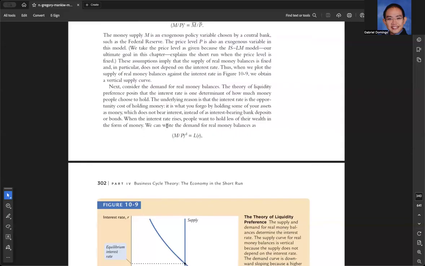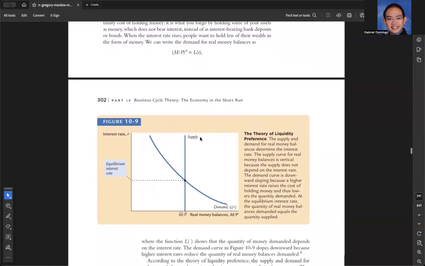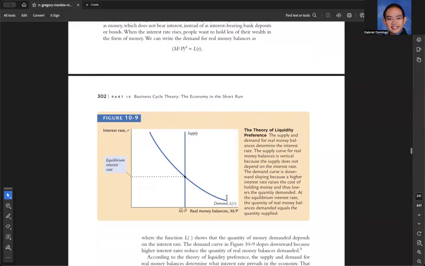When the interest rate rises, people want to hold less of their wealth in the form of money. We can write the demand for real money balances as (M/P)^D, which is a negative function of the real interest rate r.